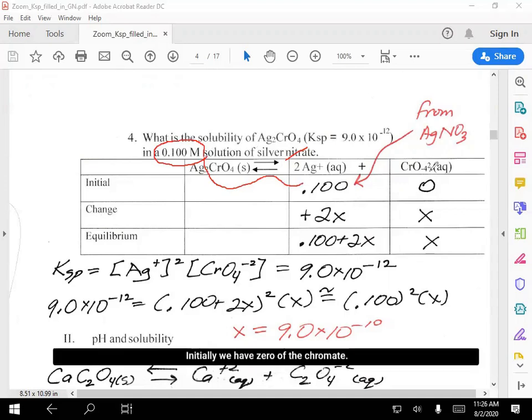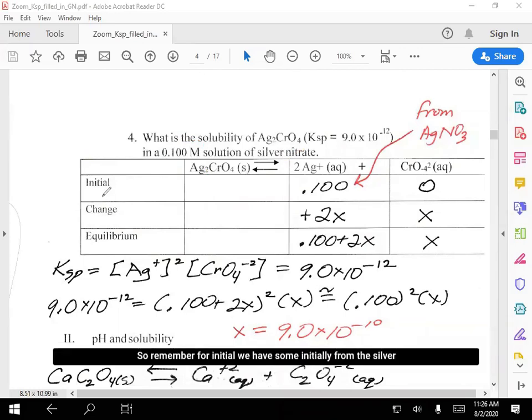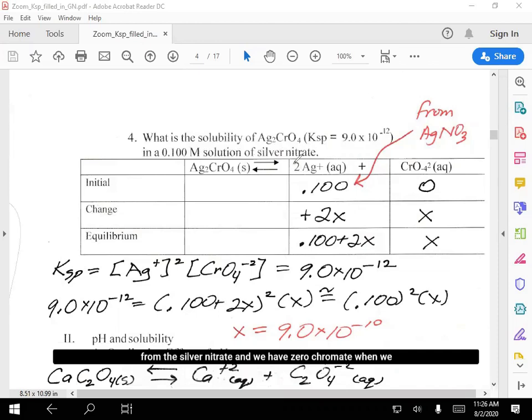Initially, we have 0 of the chromate. So remember, for initial, we have some initially from the silver nitrate, and we have 0 chromate.